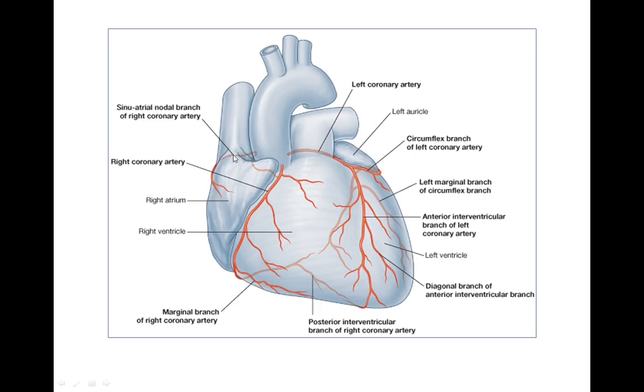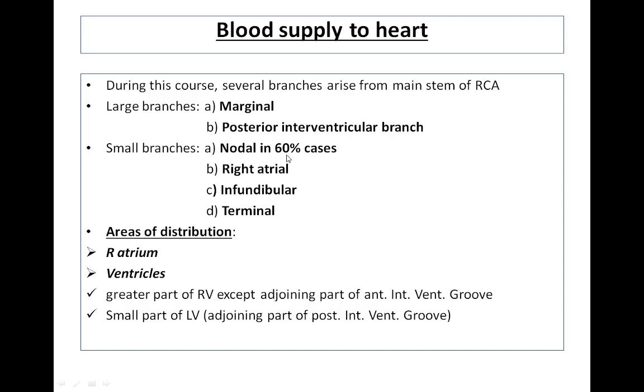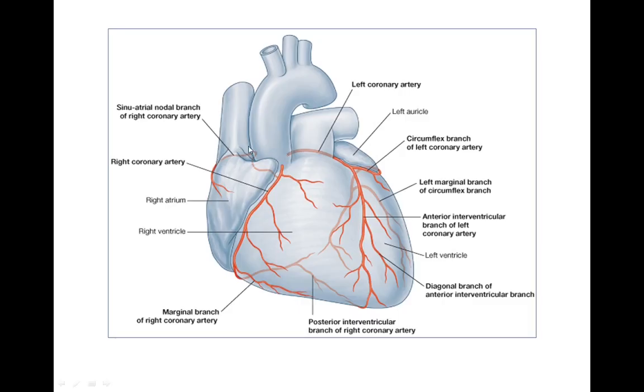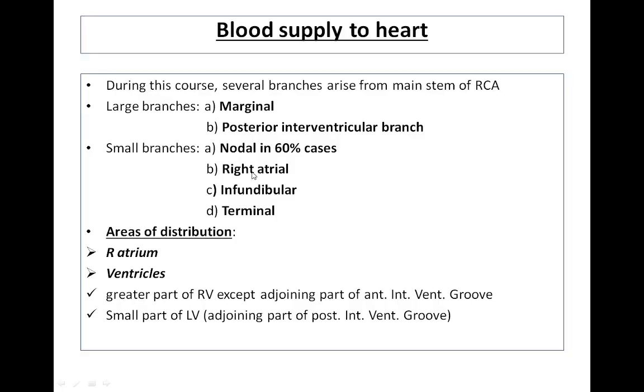So it will give a branch to the SA node. Clear? That is called the nodal branch. In 60% of cases the SA node is supplied by the right coronary, but in 40% of individuals the nodal branch arises from the left coronary instead of the right coronary. Clear?